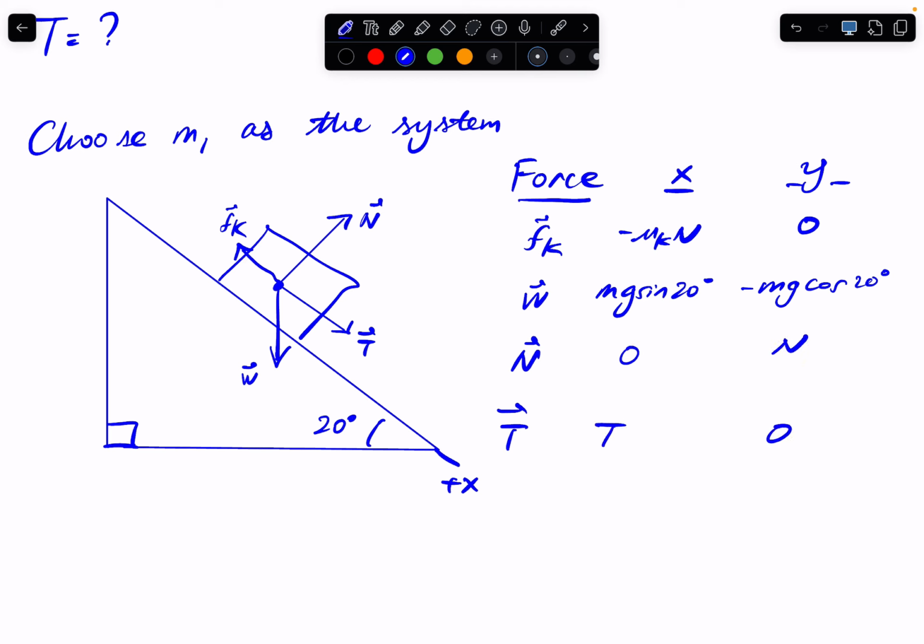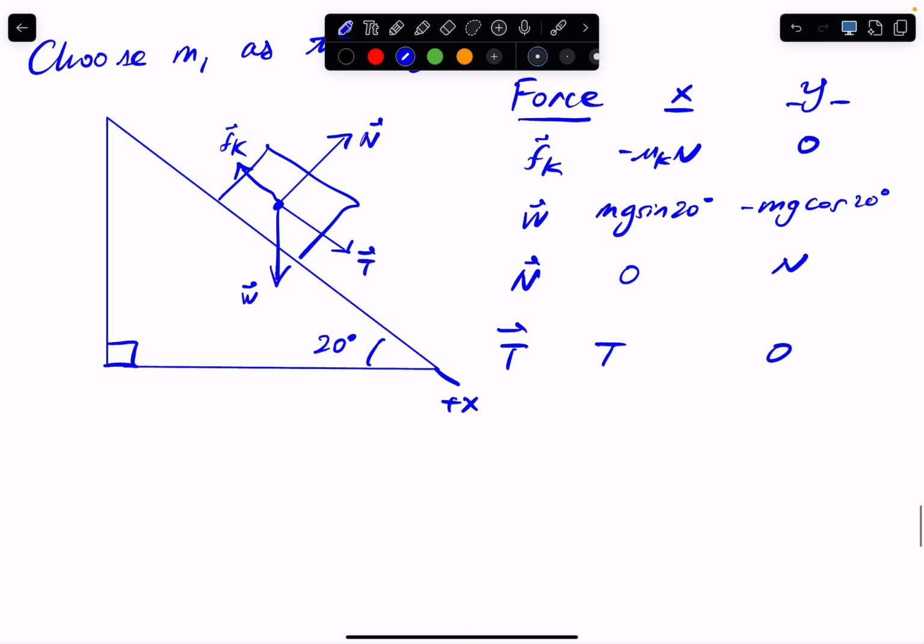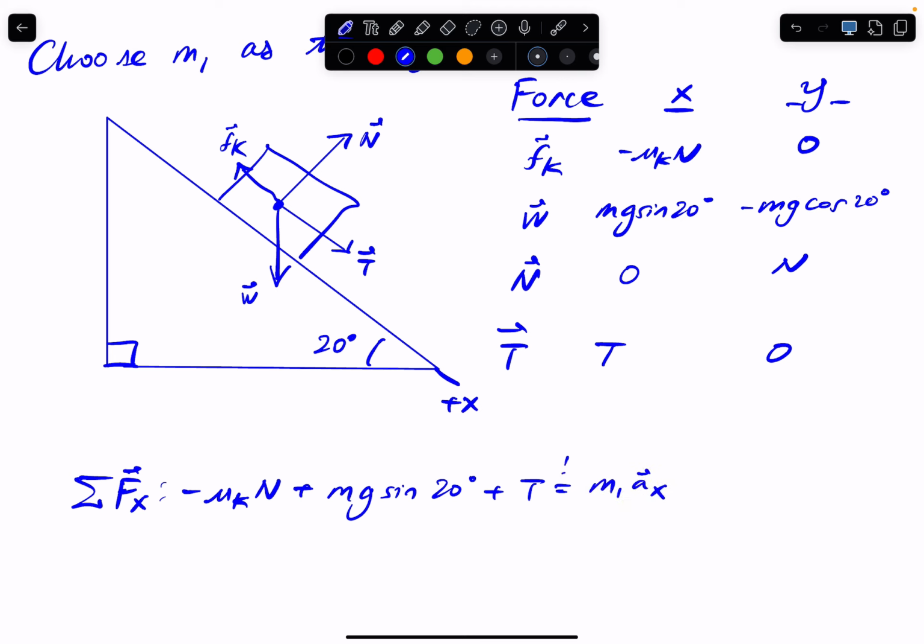All right. Everyone okay with that? So F of x: negative mu k times N plus mg sine 20 plus tension equals m1 a of x, right? F of y: N minus mg cosine 20 equals 0.